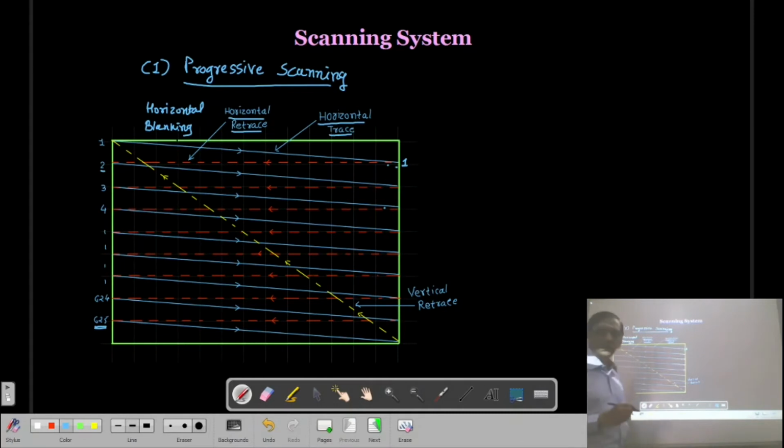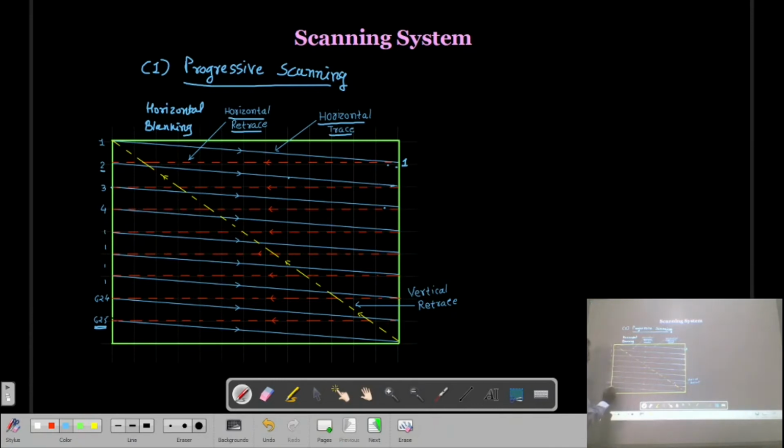During this blanking period, the electron gun is cut off, so you don't have any information. Then again line number 2 is scanned, you will get the information, that is horizontal tracing, and then it comes back for line number 3.